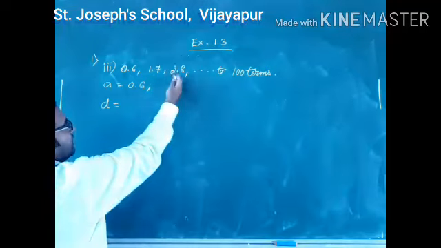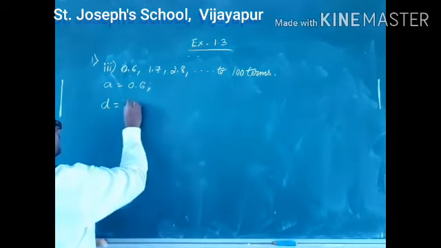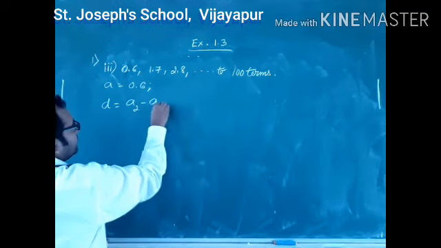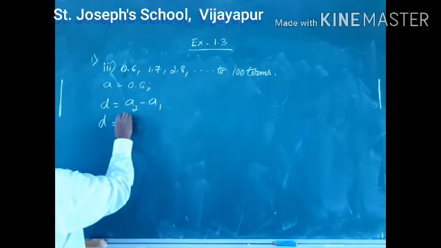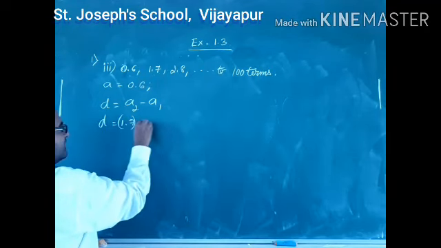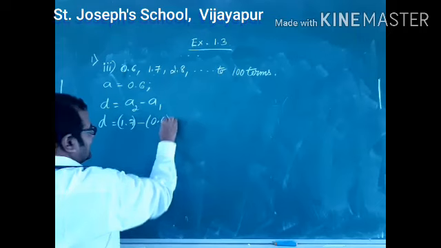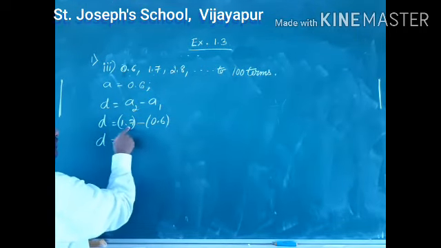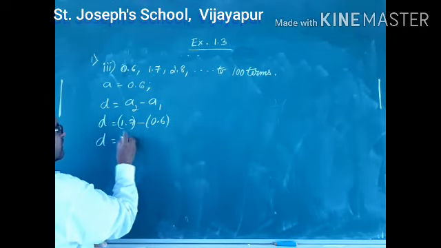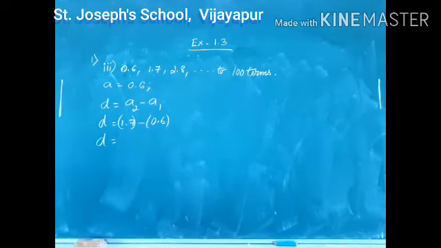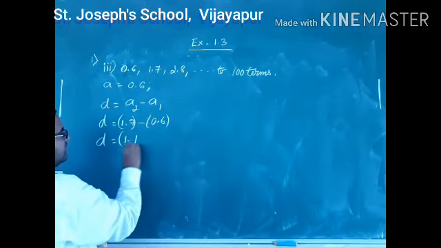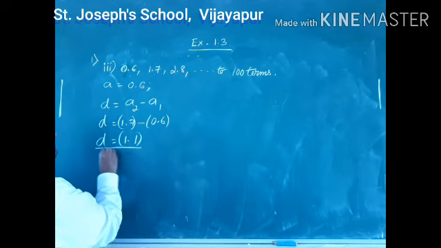You can also go for a3 minus a2. So d is equal to a2, which is 1.7, minus 0.6, which is equal to 1.1. So we got the difference now.